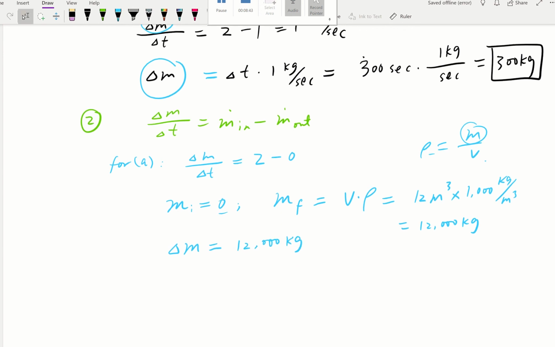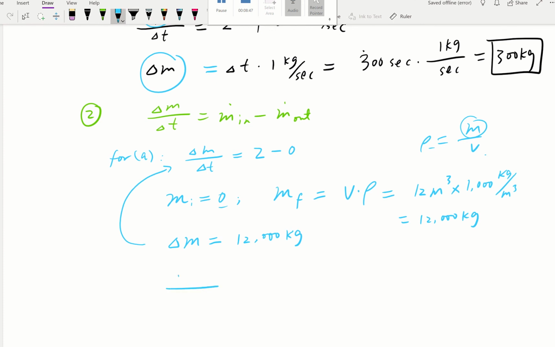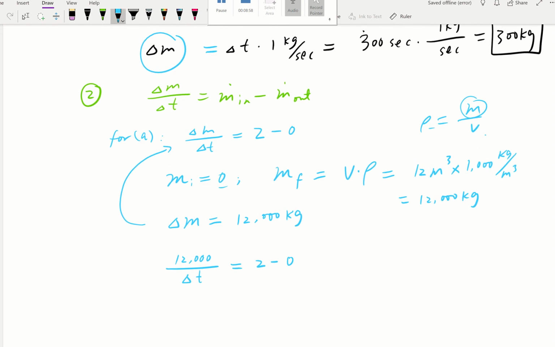So knowing that, we can go back to this mass conservation equation. You have 12,000. And how long is this process? That's what we are solving. With this condition of mass flow rate coming in and mass flow rate going out, we can go ahead and solve for delta t. That will give us 6,000. 6,000 of what?